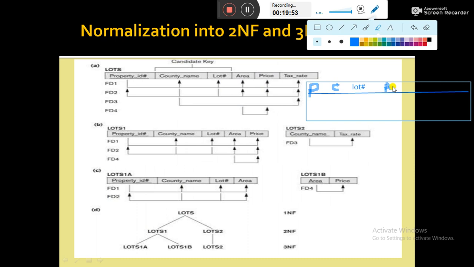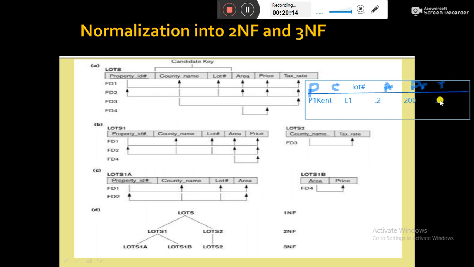A means area. Then say P, price, say PR price, and say this is tax rate.